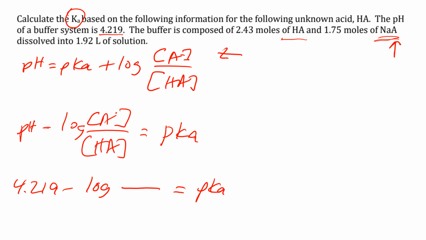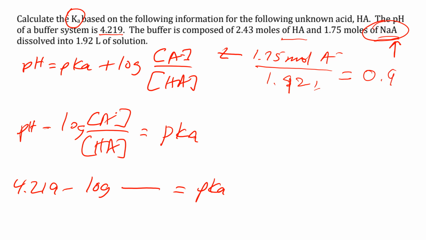For the one on top, it's the moles of the conjugate base. Luckily, we see that it's in a 1-to-1 ratio. So it's going to be 1.75 moles of the conjugate base divided by 1.92 liters, and that will equal 0.911 molar.